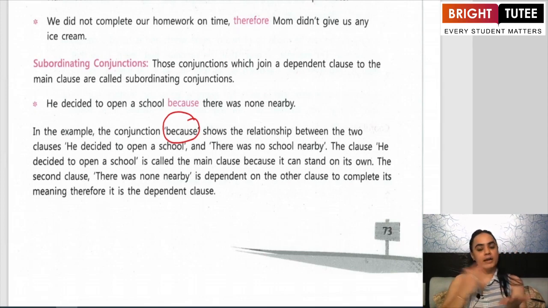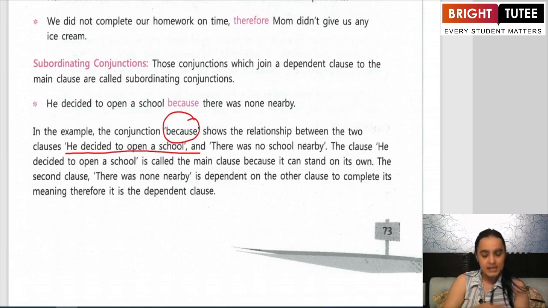We know that in a sentence, there is one main clause and the other one is a subordinate or dependent clause. So the first part of the sentence, he decided to open a school, is the main clause. And what is the clause that is dependent on the main clause? It is, there was no school nearby.